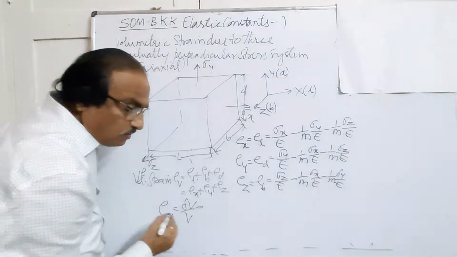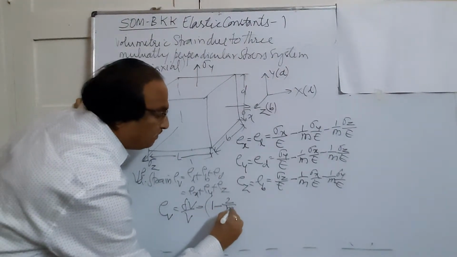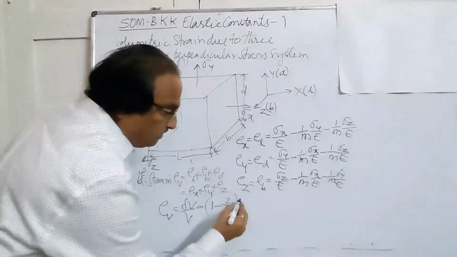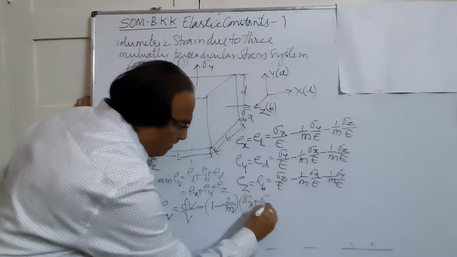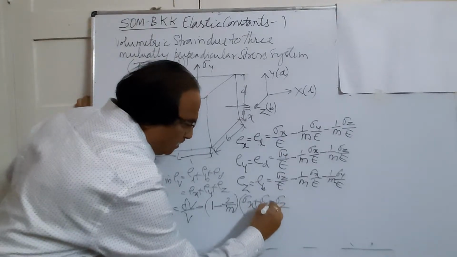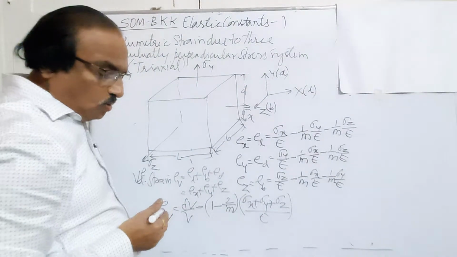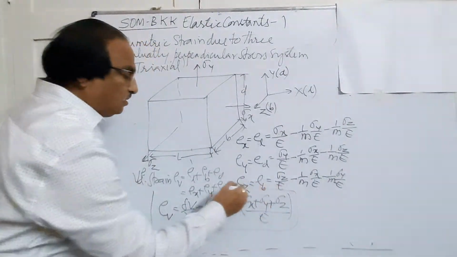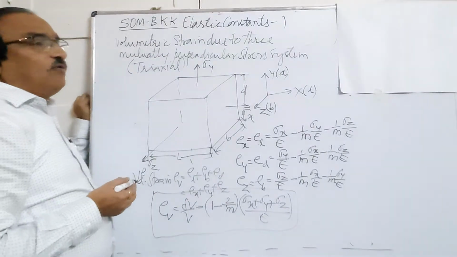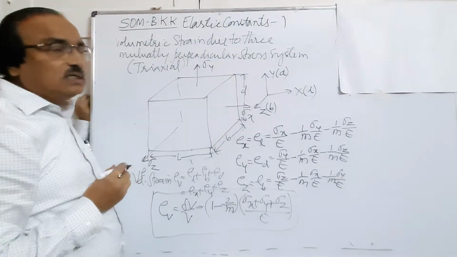This will be equal to (1 minus 2 by m) into (sigma x plus sigma y plus sigma z) whole divided by E. So you remember this formula to find out the volumetric strain of a rectangular block subject to stresses in all the three directions.